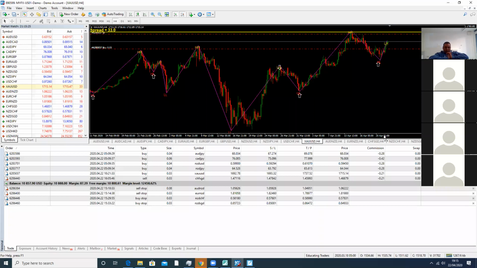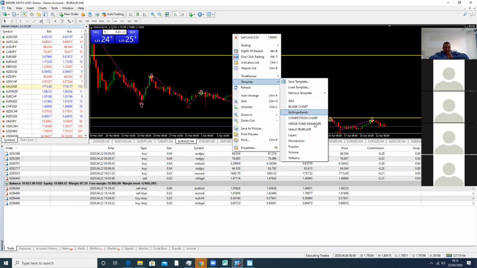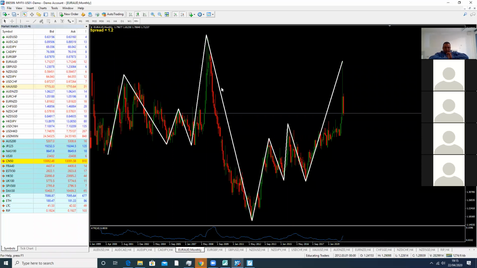This was a trade that I was in, and this one closed out at stop. But I'm going to show you from the start how I look at my chart. So this is my initial chart, my template. What I do is I draw my supply and demand zones.